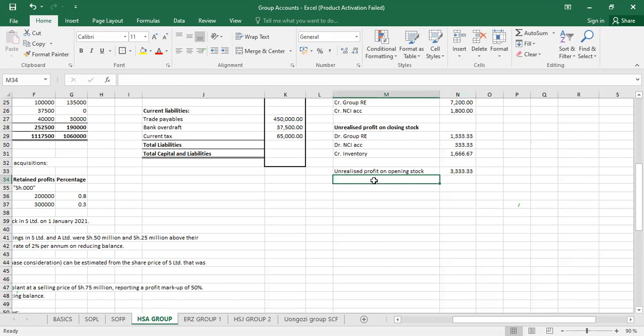So we'll debit group retained earnings, we also debit the NCI account, then we credit opening stock, or opening inventory.